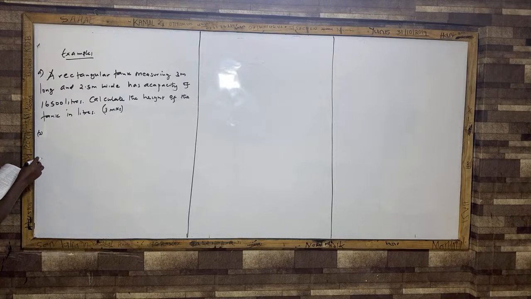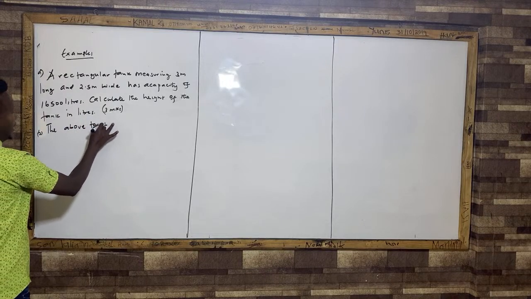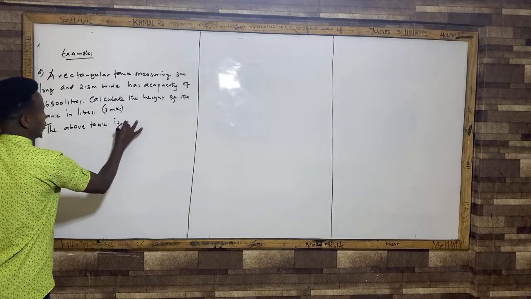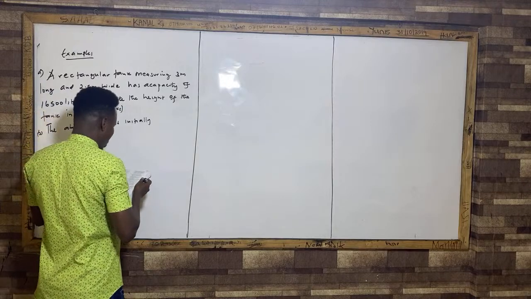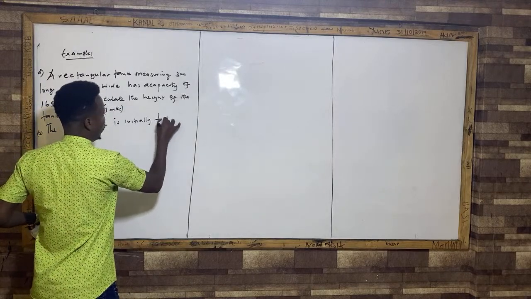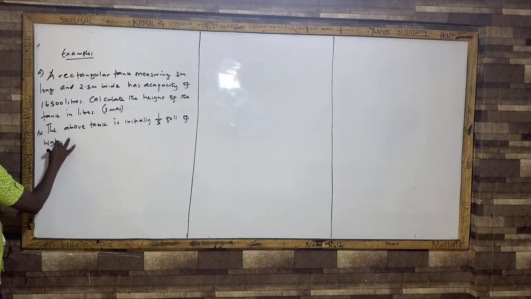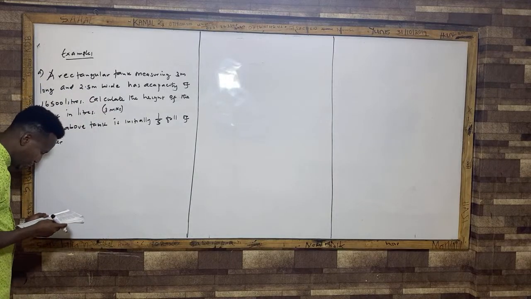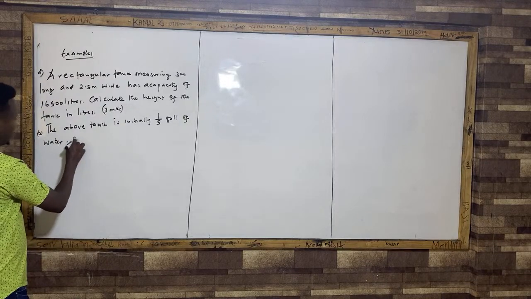You're told the above tank is initially 1 out of 5 full of water. Calculate the height of water in the tank.